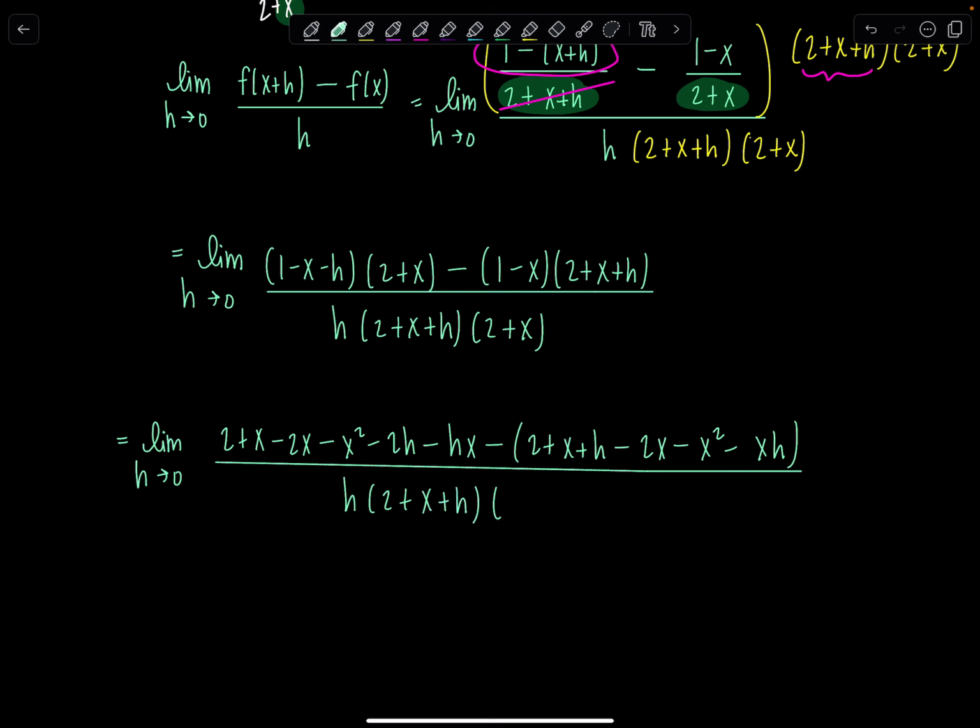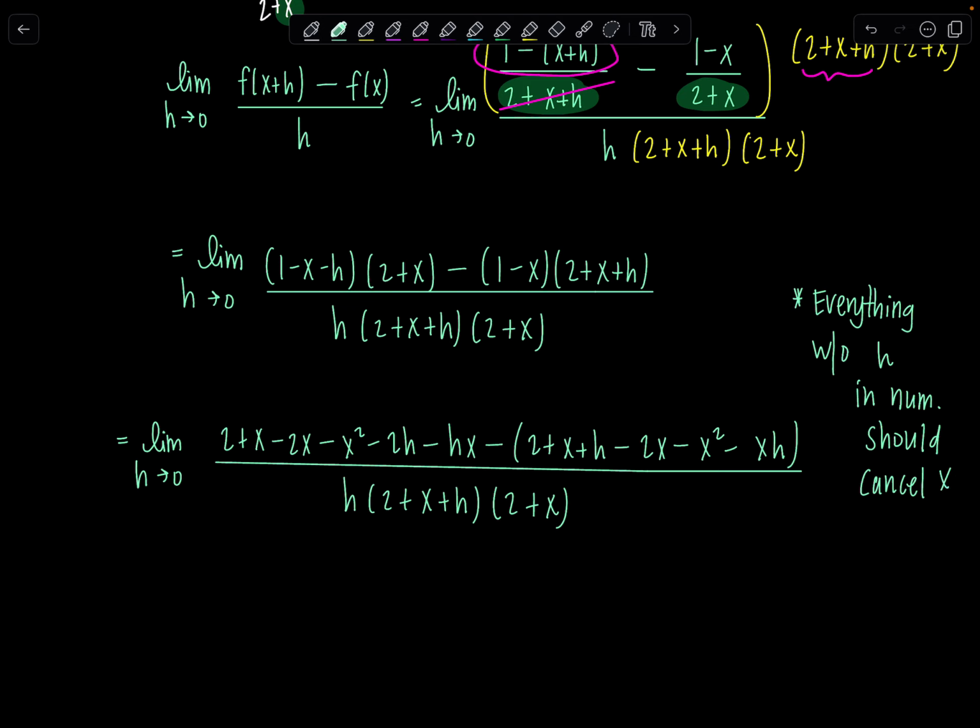Just keep rewriting it. And then just as a note, everything without h in the numerator should cancel when you're finding the derivative using the limit definition like this.